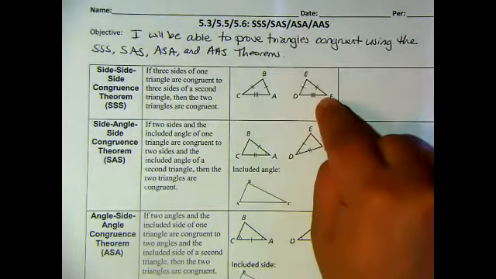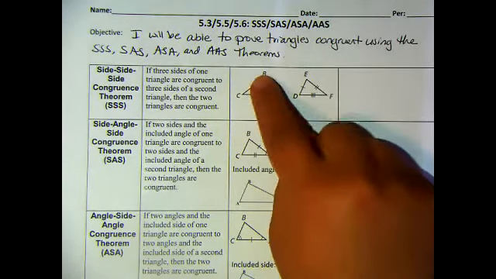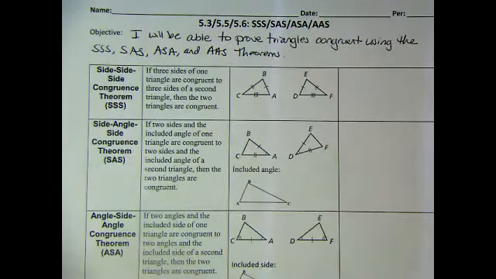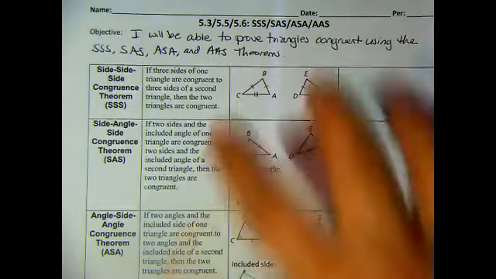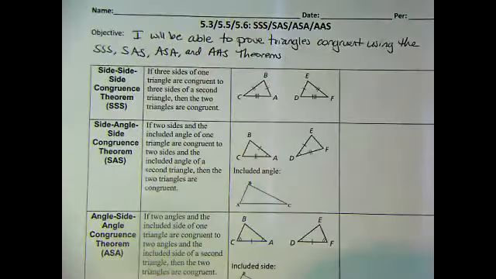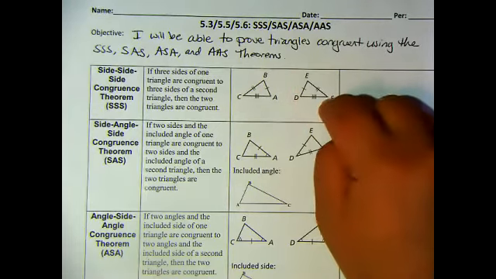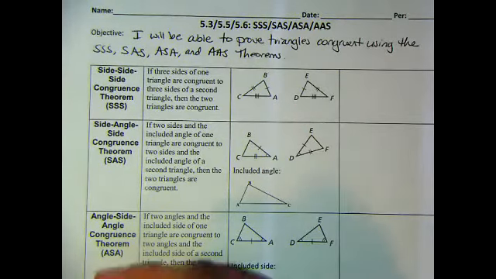I would then have to show that each pair of corresponding angles are congruent to each other. So I would have to show six, right, three sides and three angles, six pairs of corresponding parts being congruent to each other. And that becomes a large feat. That becomes difficult to do.